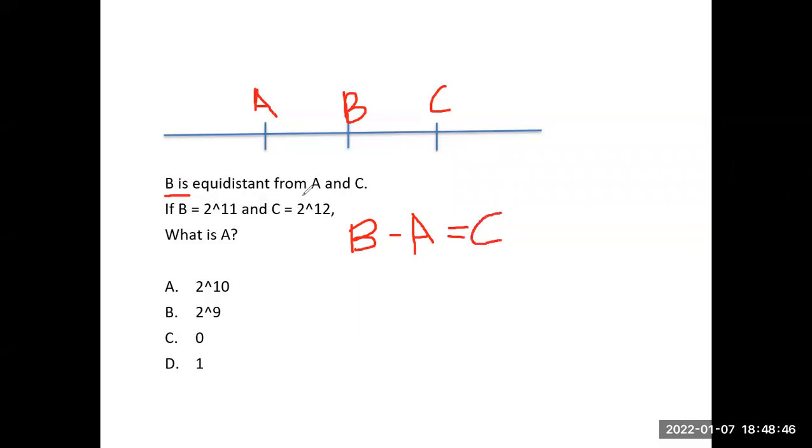B is equidistant from A and C. It means B minus A is equal to C minus B, right? So if I just do the exchange, 2B equals A plus C.